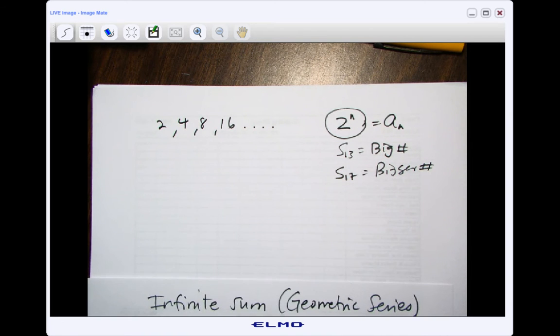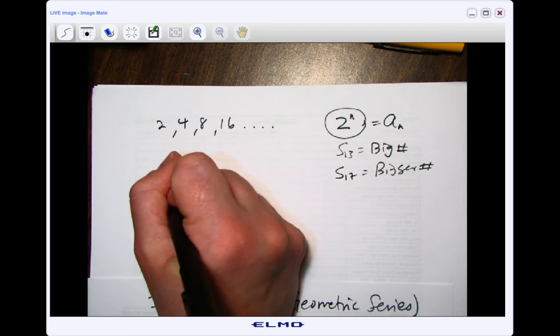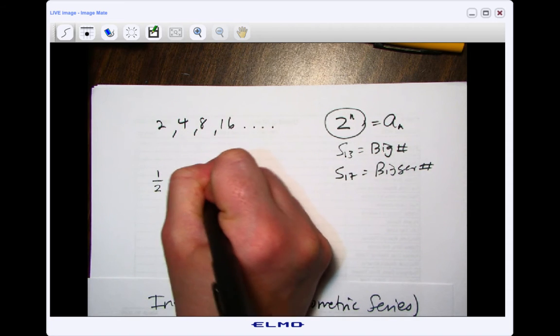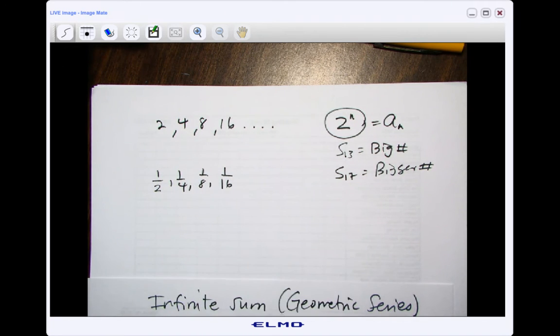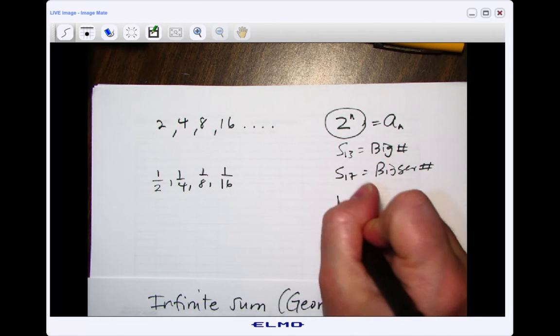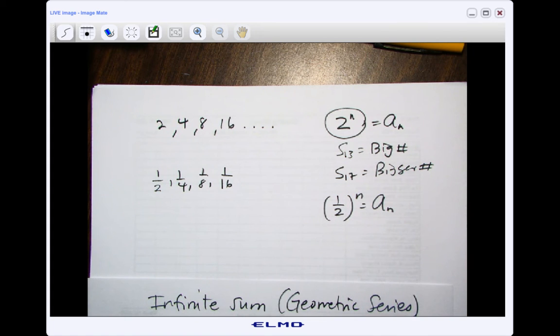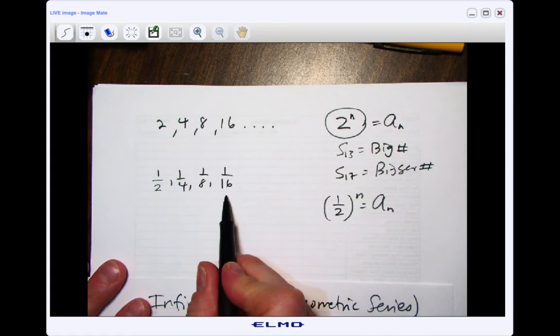Now, it's a little bit different when we have a sequence that looks like this. If I had 1/2, 1/4, 1/8, 1/16. So what's this one? This one is 1/2 to the n. And so what's happening is each of these terms is getting smaller. Do you see that?